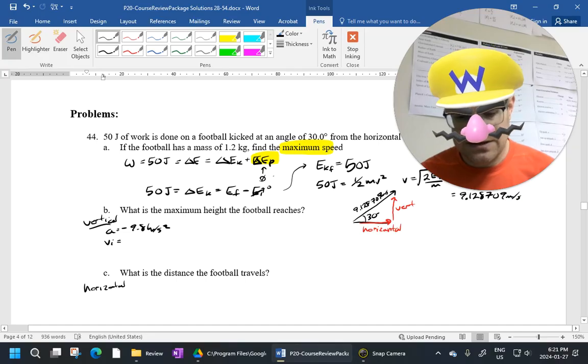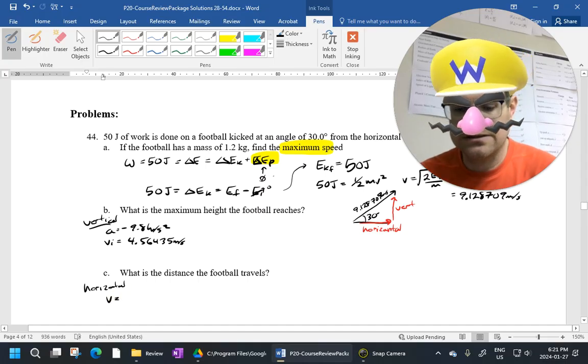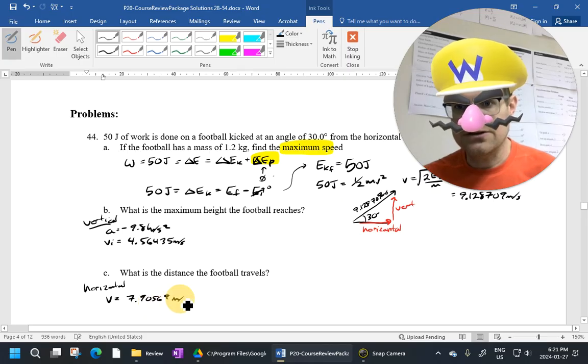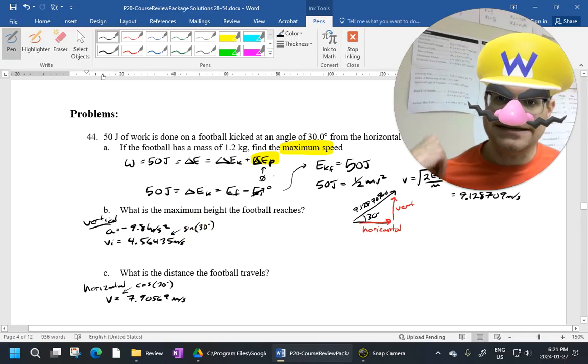So sine this number, okay, so I get 4.56435. I'll just go that many sig digs for now. And horizontally, I'm going to use cos this number, right? So times cos 30. And I get 7.90596 meters per second. So remember, this is going to be cos 30 degrees. And this one here is sine. Okay, just look at that diagram that's over there.